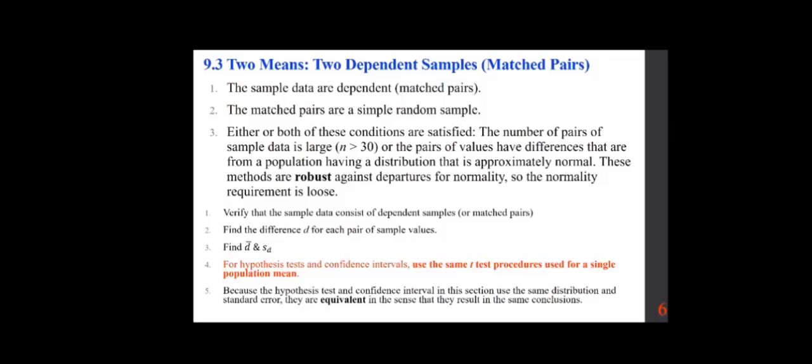I can't emphasize this enough. In essence, you make that a simple population mean. It's a simple t-distribution because the hypothesis test and confidence interval in this section use the same distribution and standard error. They are equivalent in the sense that they result in the same conclusion.